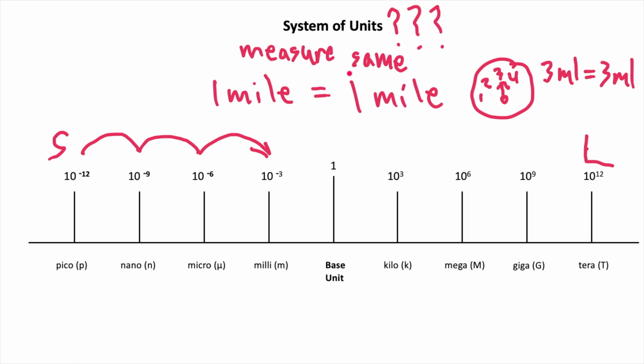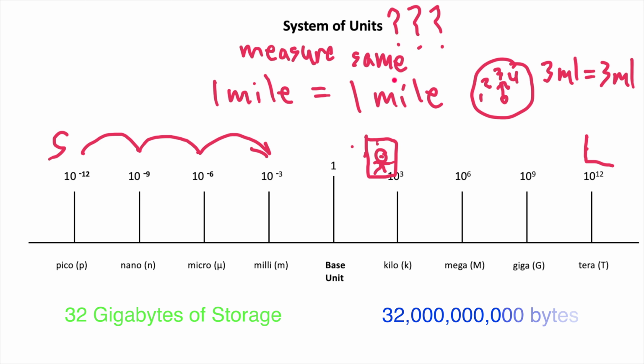Examples. We say that our phone has 32 gigabytes of storage. If you said your phone has 32 billion bytes, it's confusing and it's hard to compare to other phones.